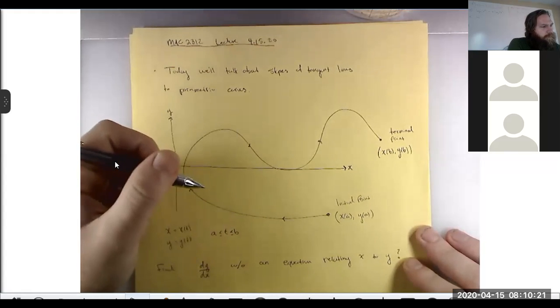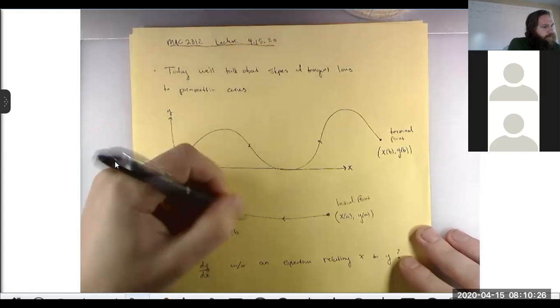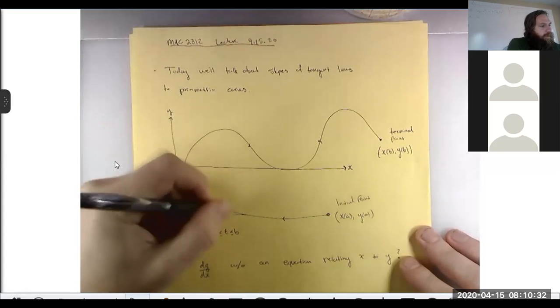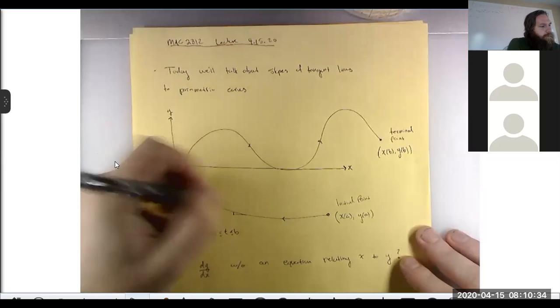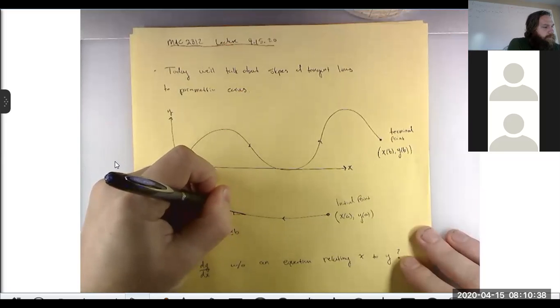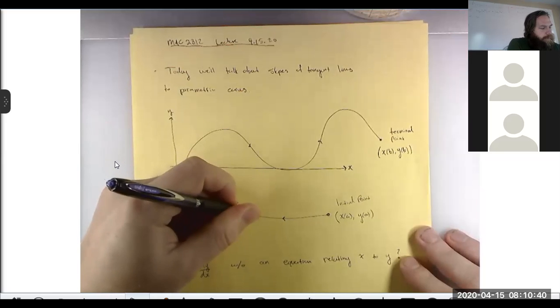So where's a good place to draw this in here? Yeah, we'll do it down here. I could look for how fast x is changing, the point is changing in the x direction, and how fast the point is changing in the y direction. And I could use that to find my slope.